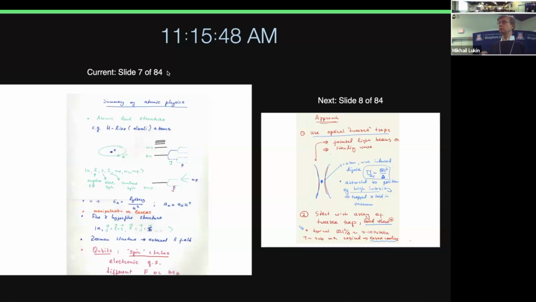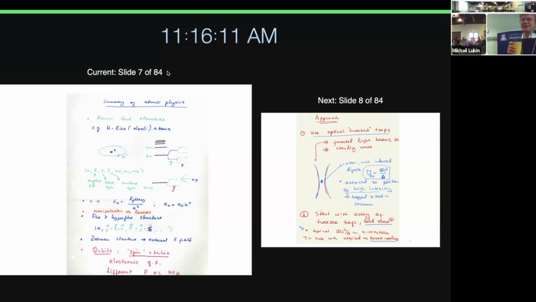You talked about qubits already, I guess. So what system can be used as a qubit? You're well educated, yes.